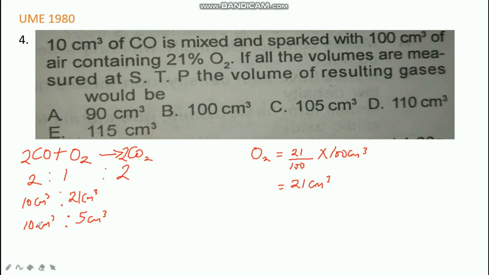So if 10 to 5, then since this is 2 to 2, this is going to be 10 to 10. Now, since we are looking for the resulting gases, the resulting gases is going to be 10 cubic centimeter of this, the resulting one from the product.